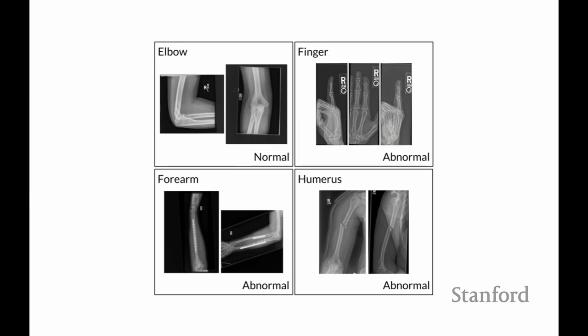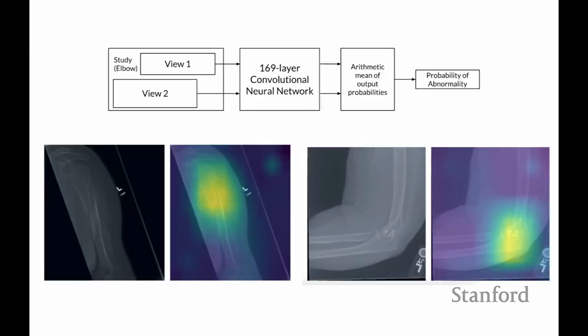bone x-rays, and the task is to be able to tell if the x-rays are normal or not, and they come from different parts of the upper body. And that's what the data set x-rays look like. And this is a pretty interesting setup because you have more than one view, so more than one angle for the same body part, for the same study, for the same patient.